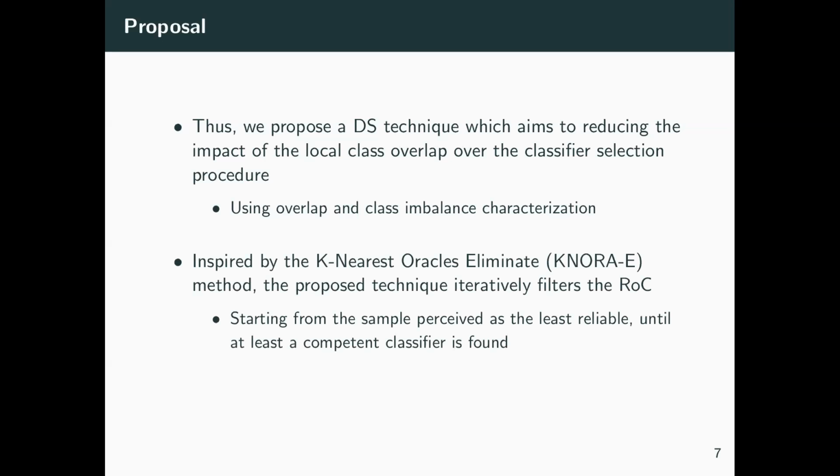The technique is inspired by the K-Nearest Oracles Eliminate, which is a dynamic selection technique. The technique iteratively filters the region so that you dynamically remove the instances that are perceived to be less reliable.